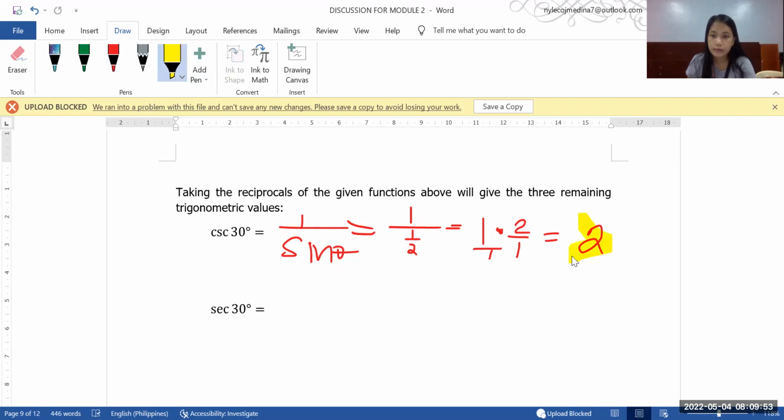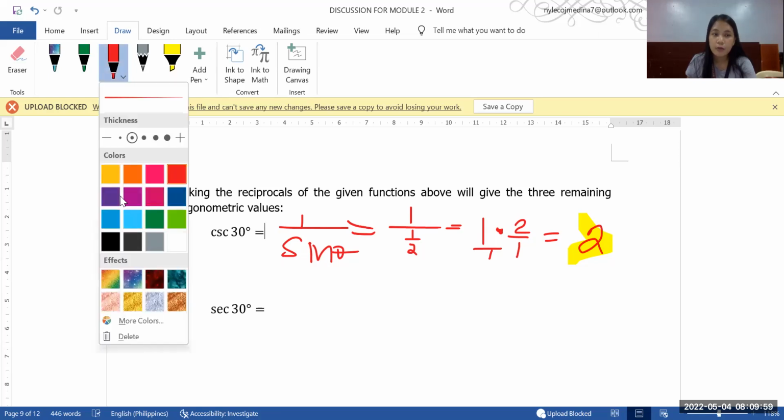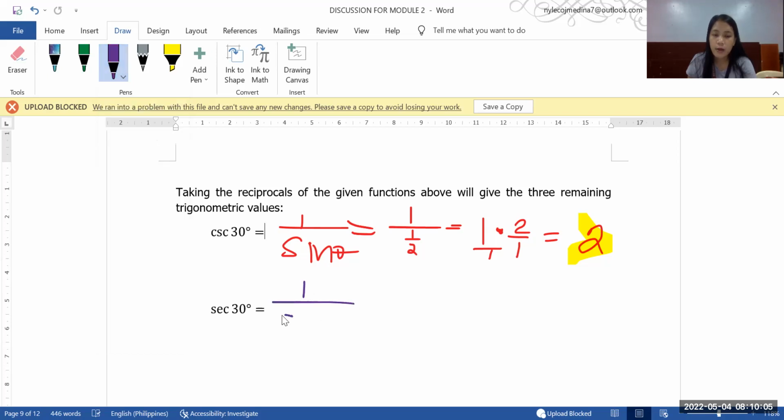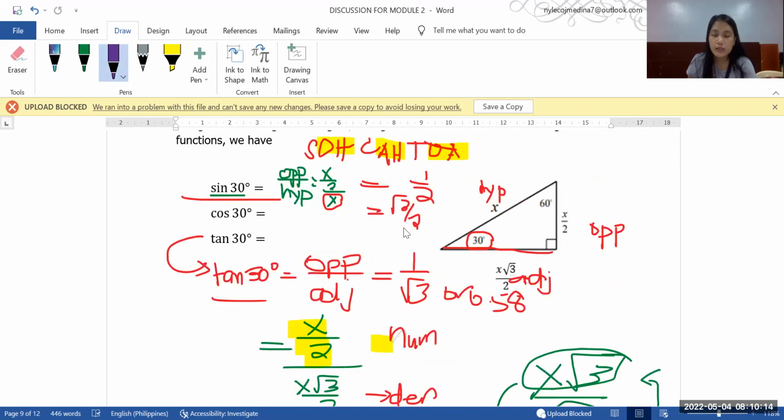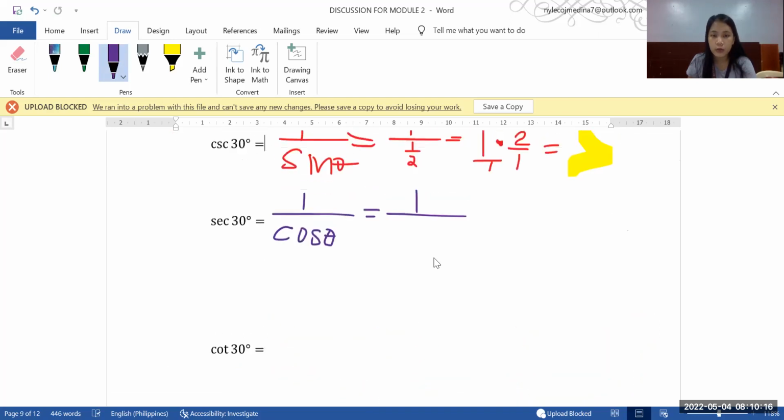Next is secant 30. The reciprocal of secant is cosine, so 1 over cosine theta. Cosine theta is square root of 3 over 2.